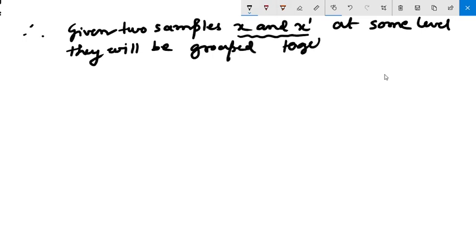How they will be grouped, that we are going to see.